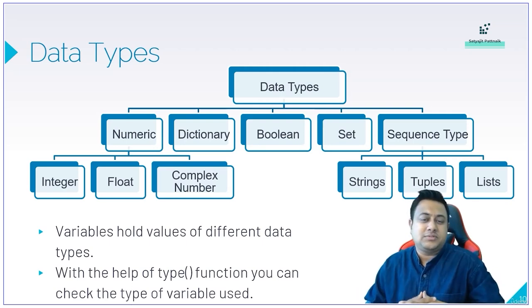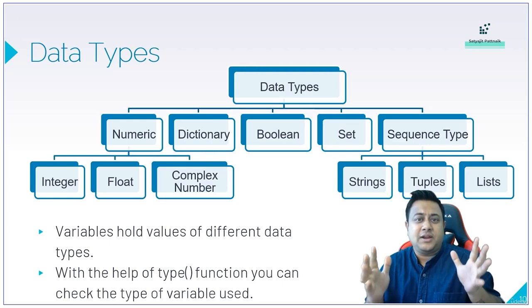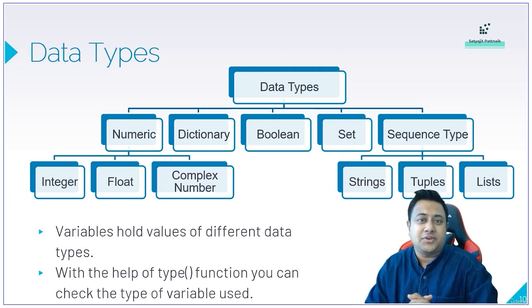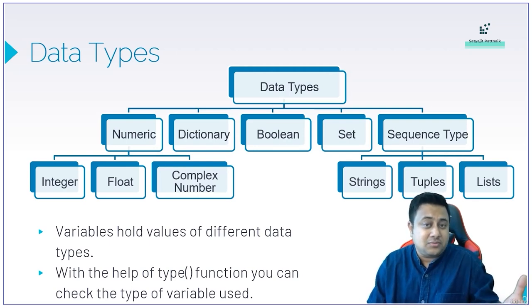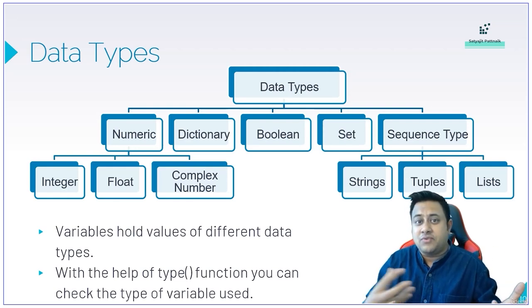Talking about data types, it is broadly classified or divided into five different categories. One of them is numeric, which basically holds numbers. We have dictionaries, which hold data in the form of key and value pairs. For example, you have customer ID and the customer name. Customer ID is unique in nature, so it is stored as a key, and the names are stored as values.